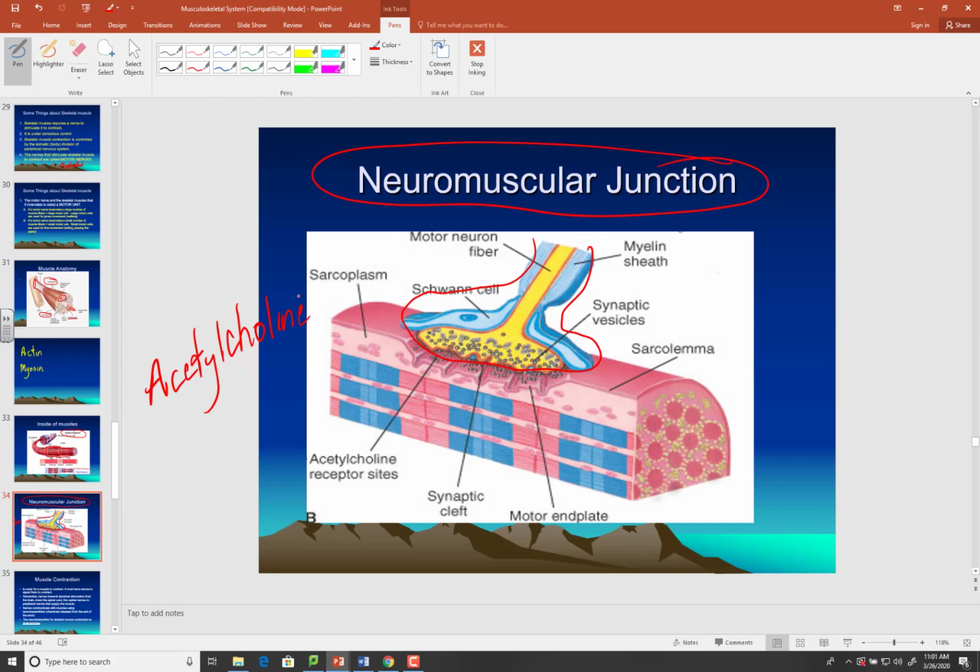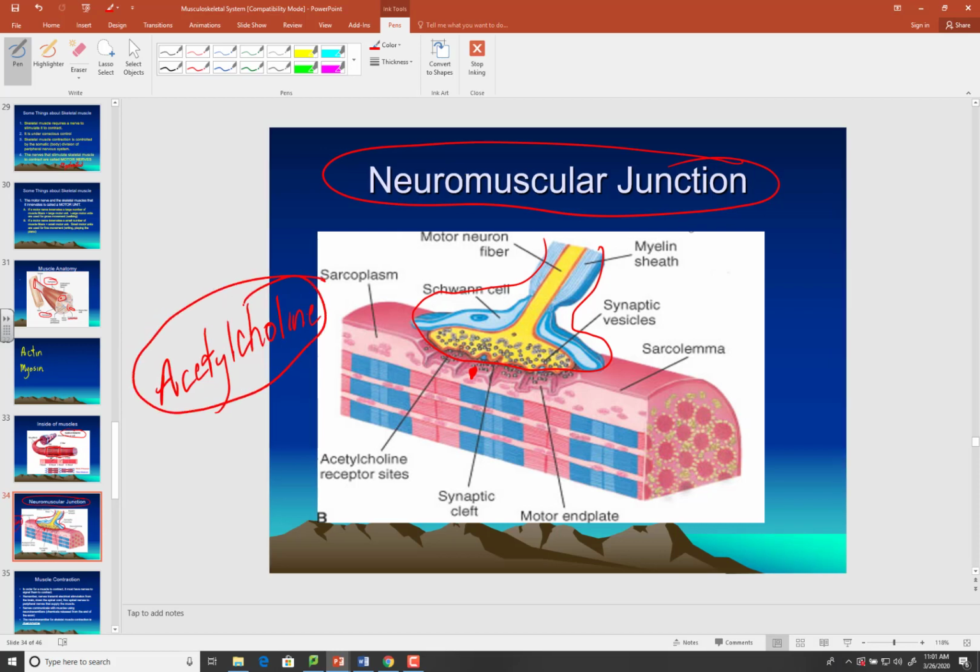Now, when acetylcholine is released from this motor nerve, it's going to bind to, you're not going to believe this, acetylcholine receptors on the muscle cell membrane. Now this is important. Skeletal muscle cannot produce its own electrical impulse, but if it's stimulated by acetylcholine, it can then spread the electrical impulse all over the muscle cell membrane.